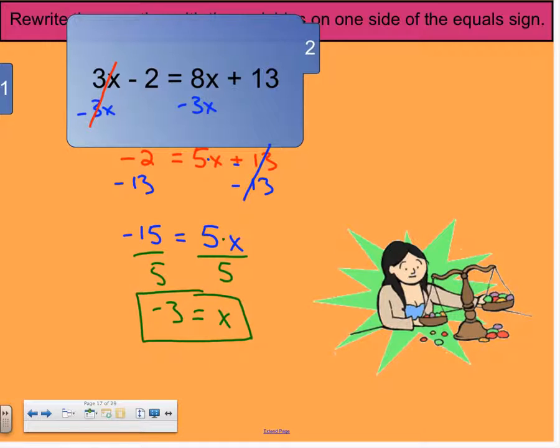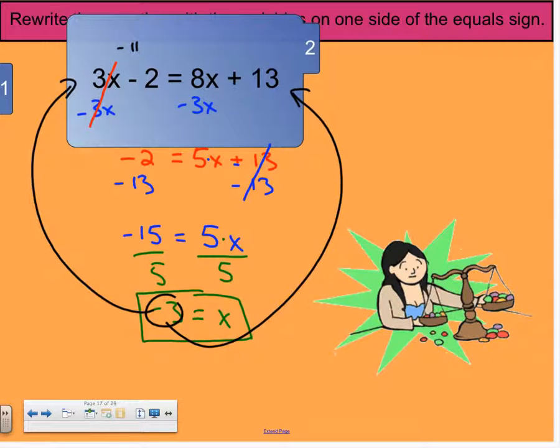If we put negative 3 back into this side of the equation, I've got 3 times negative 3, which is negative 9, right? Minus 2 is negative 11, is that right? On this side, if I take this negative 3 over here, I've got negative 3 times 8, which would be negative 24, plus 13, which does equal negative 11.